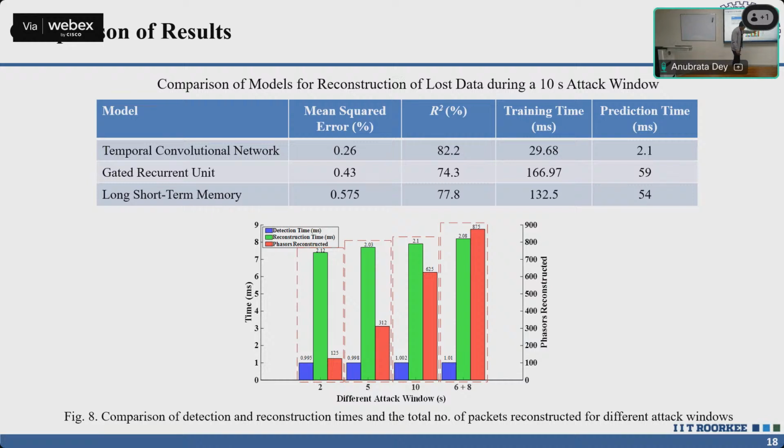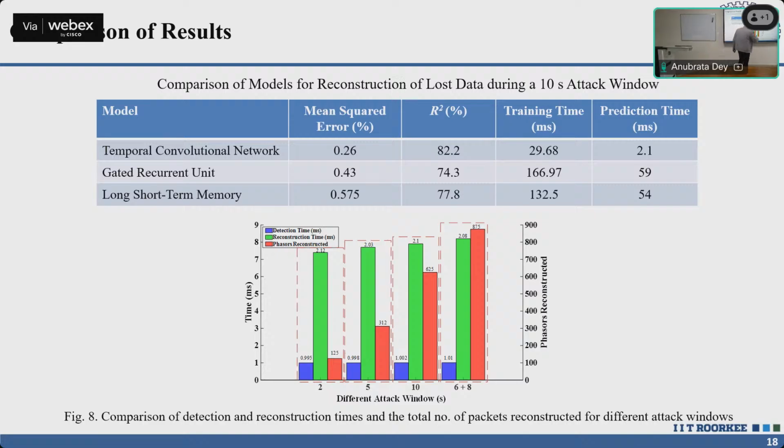In the bar chart you can see the blue color is the detection time, the green color is the reconstruction time, and the red bar shows how many phasors you have reconstructed. It depends on the period for which data was not available.